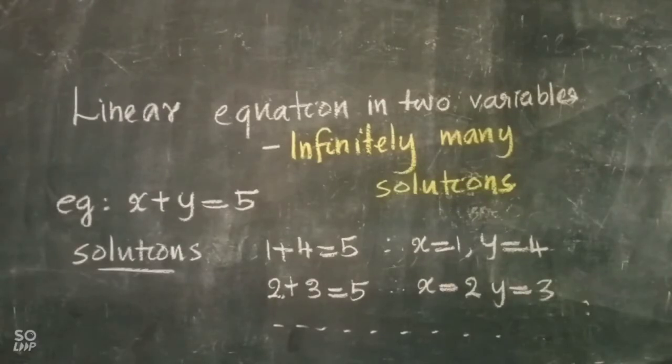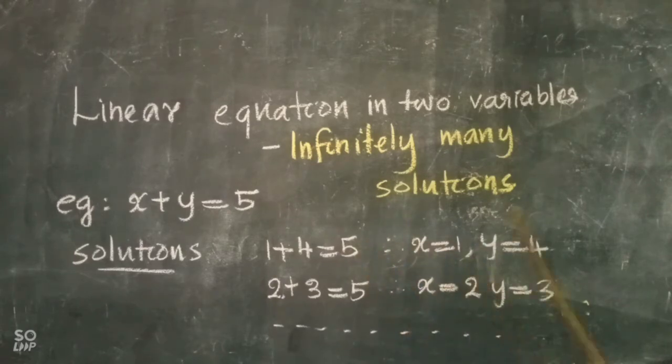We know there are infinitely many solutions for a linear equation in two variables. For example, I have written one linear equation in two variables on the board, x plus y equal to 5. Here if we give the value of x as 1 and value of y as 4, we are getting 1 plus 4 equal to 5. The equation is true.